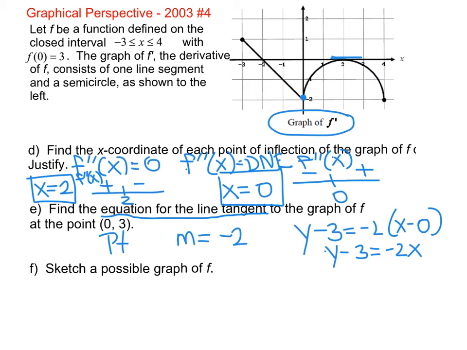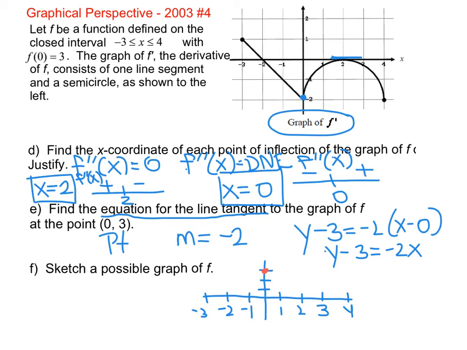Now the fun part, sketch a possible graph. Now you'll be using all the information we've answered from the previous questions. So I'm going to draw an xy axis, and I'm going to be going from negative 3 to 4. Now remember, it's the shape primarily that we're looking at because we're really only given one ordered pair in f, and that ordered pair is (0, 3).